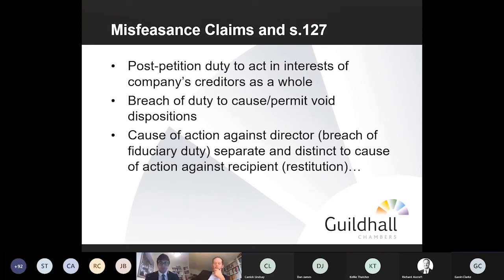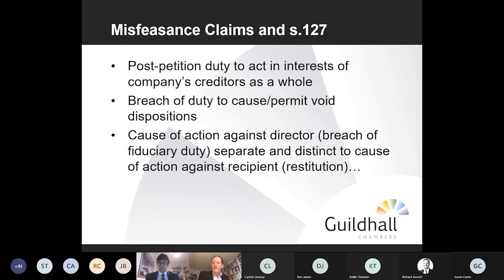Now, in terms of the practical point to take out of that, you're going to have a situation, as we did in Officeserve, where you might have concurrent claims. So you're pursuing the recipients, as we were, and also bringing breach of duty claims against the directors. So some thought needs to be given to the interplay between those two things.